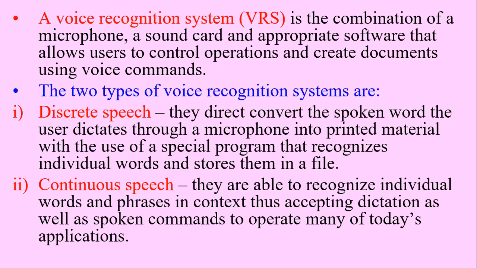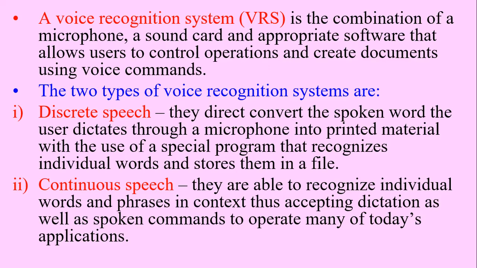A voice recognition system, abbreviated as VRS, is the combination of a microphone, a sound card, and the appropriate software that allows users to control operations and create documents using voice commands. The 2 types of voice recognition systems are, number 1, discrete speech.